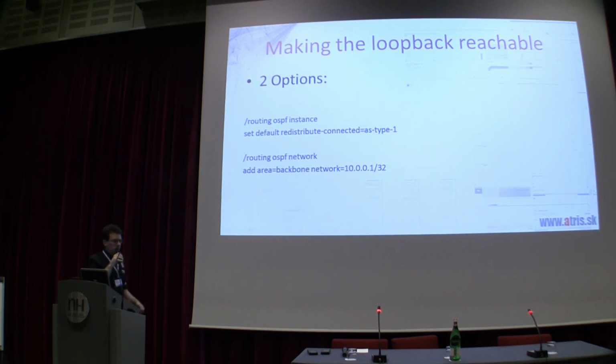So it just depends on whether you want to redistribute everything or not. But if you just want to include the IP address for the loopback, the router ID IP address, inside of the OSPF process without including all the other connected networks, you just go into routing OSPF network and add the /32 IP address from your loopback into the backbone area. So either of these two options will achieve what we needed to do. It's just a different way.